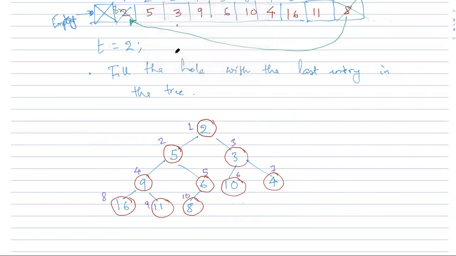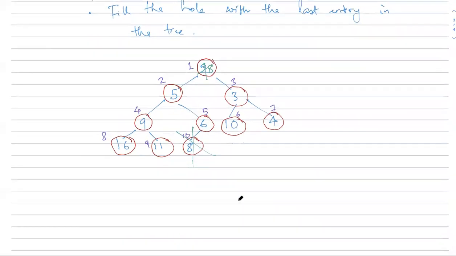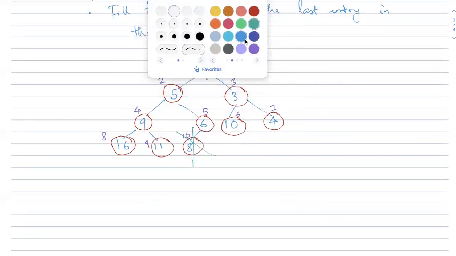So after 2 has been removed and set aside for returning, we have replaced this value 2 with 8, and this is no longer there. So now you see at this point, the heap order property is again violated. You can see that 8 is greater than 5, 8 is greater than 3, which is clearly violating the heap order property. So therefore, we need to now restore.